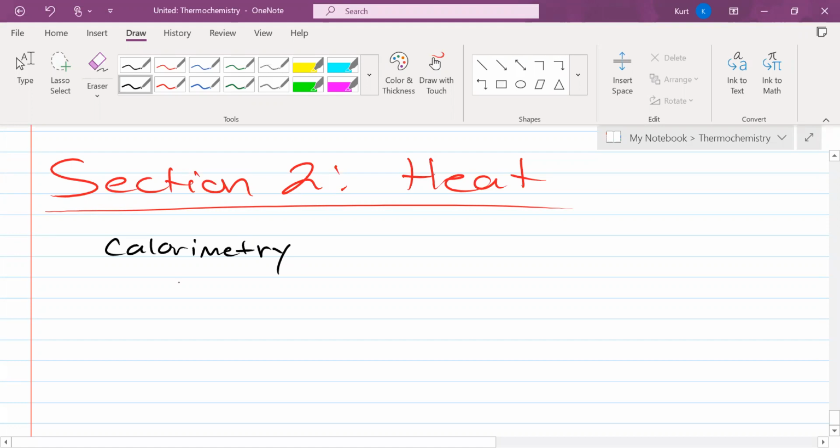Calorimetry is measured with a calorimeter. That's your vocab term.